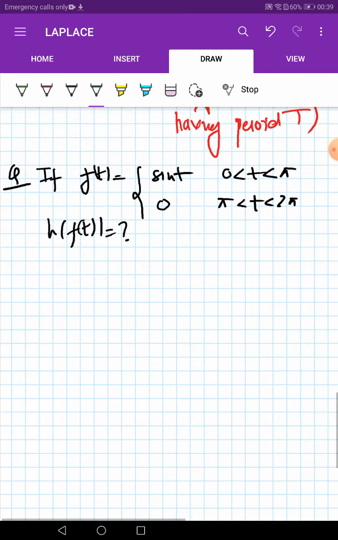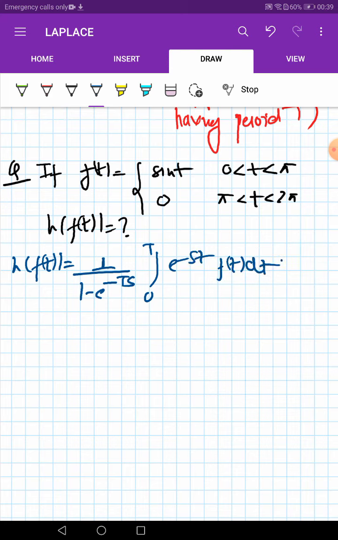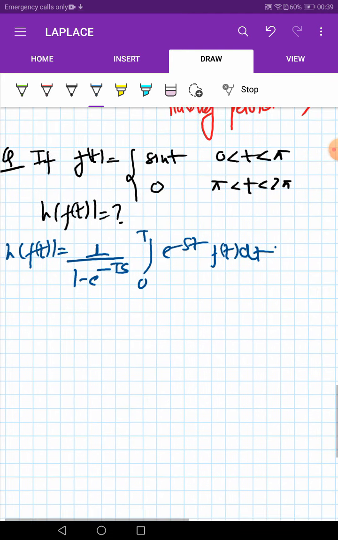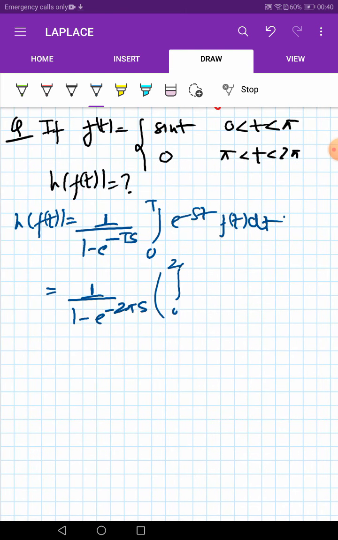So if I write this value, L of f of t will be equal to 1 by 1 minus e power minus Ts, integration 0 to T e power minus st f of t dt. So the period is 2 pi, so we get 1 by 1 minus e power minus 2 pi s, integration from 0 to 2 pi e power minus st f of t dt.